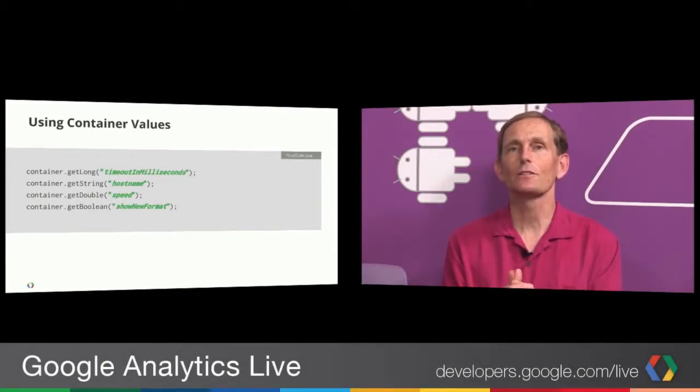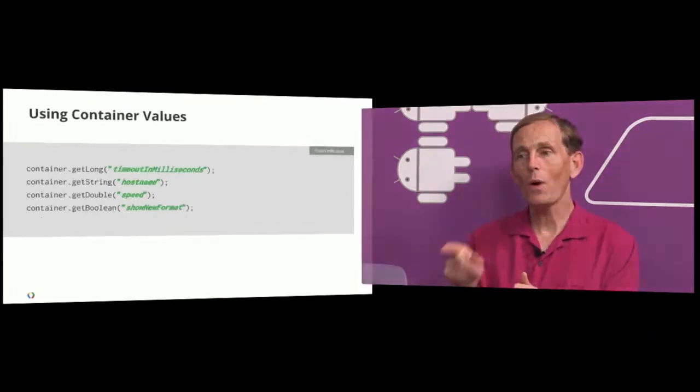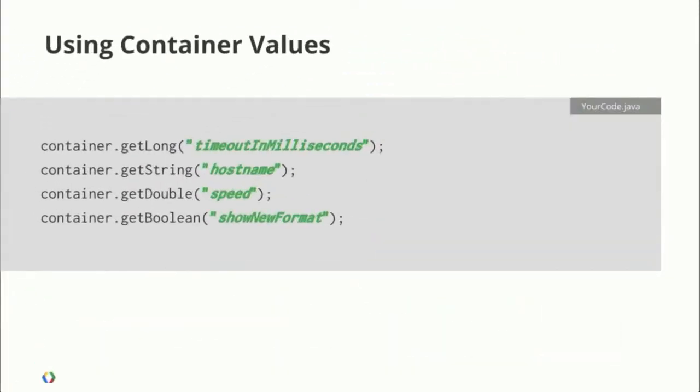The latest and greatest value that has been set up on the website. One thing just to point out about that, actually, when you're calling getLong or any of these get calls, there's no network communication happening. So the network communication has already happened, and we download the entire container, and now we're just doing local calls. So these are not terribly expensive calls.